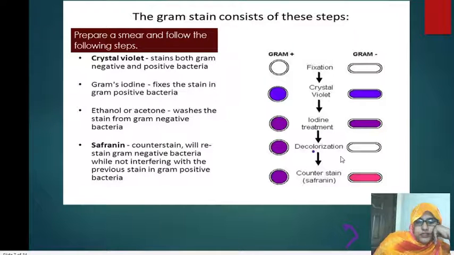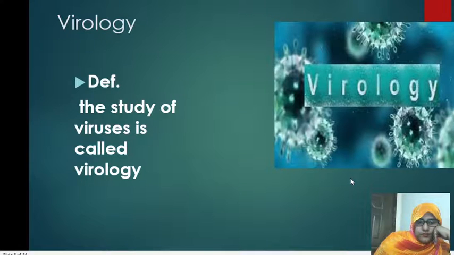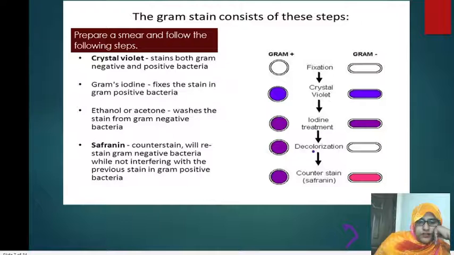The decolorizer removes the stain from gram negative bacteria, and the gram negative bacteria attain the counter stain safranin and attain the pink or red color. This is basic staining, the simplest method of staining.